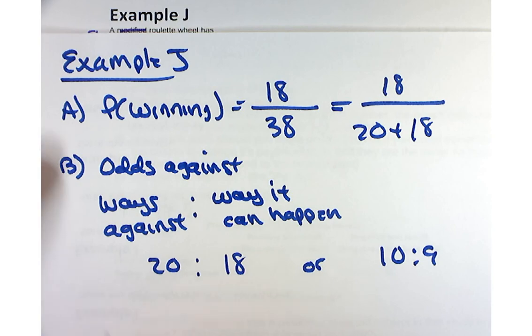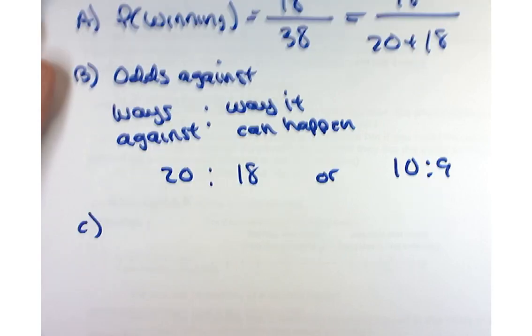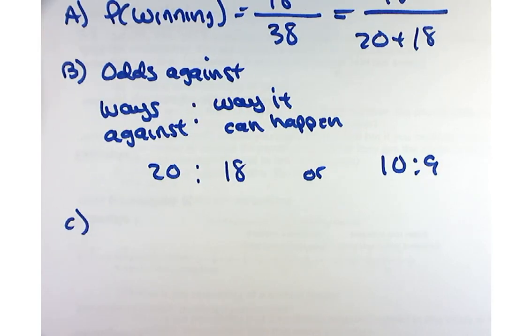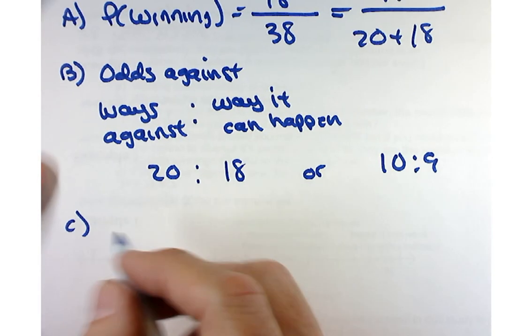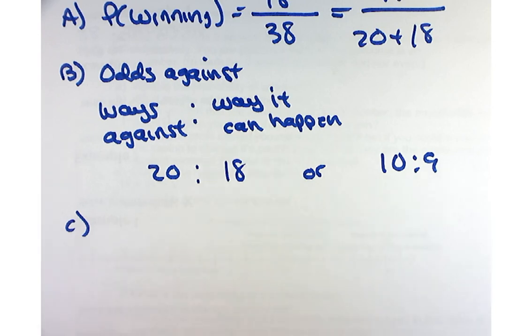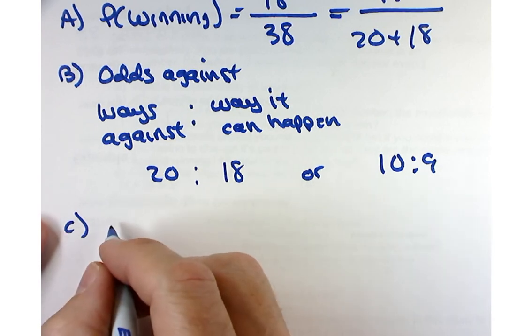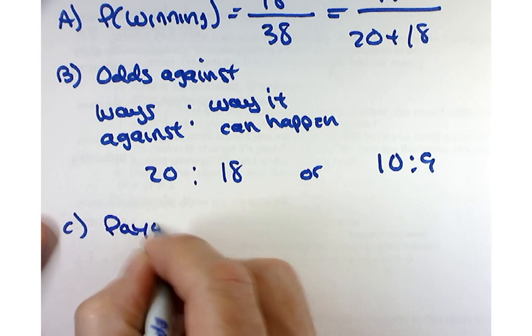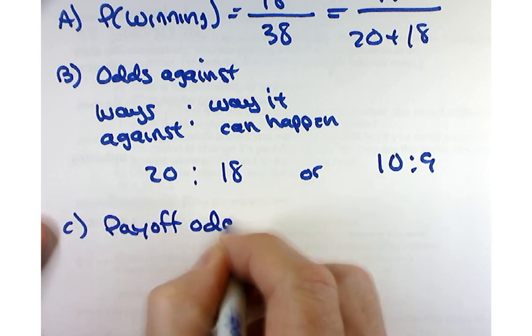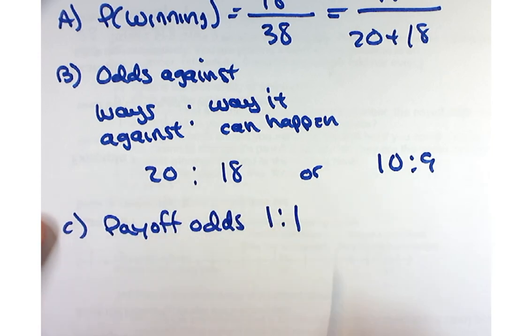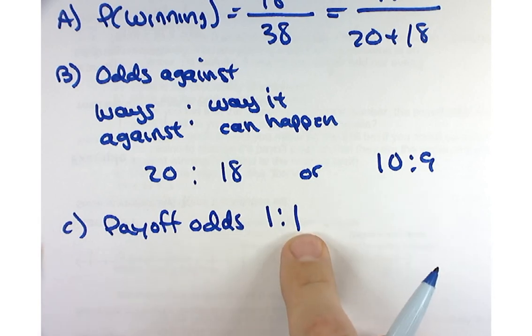Now, typically speaking, when you play roulette, the payoff odds in a casino are going to be 1 to 1. So payoff odds are 1 to 1. That's the amount bet. That's your net profit.